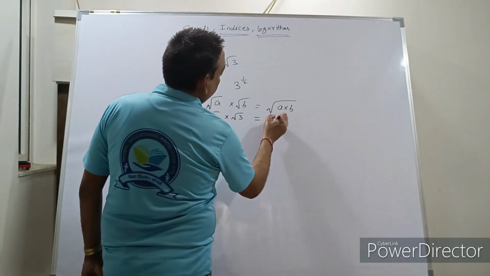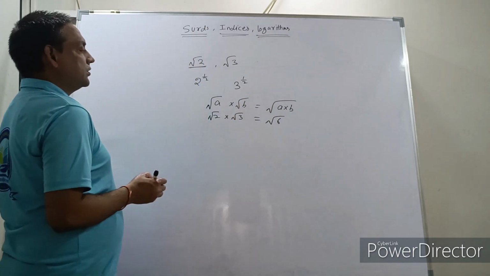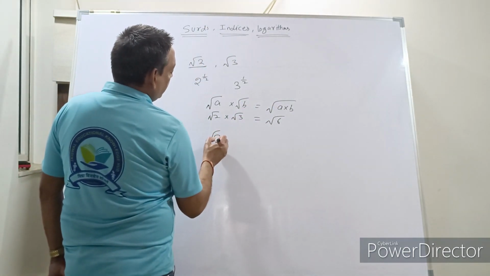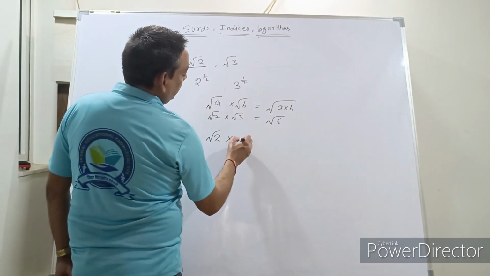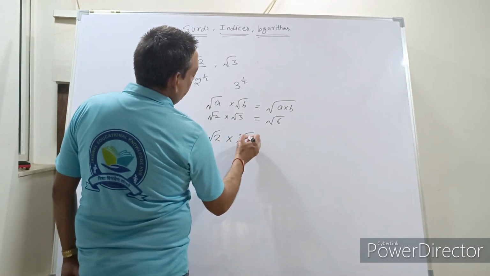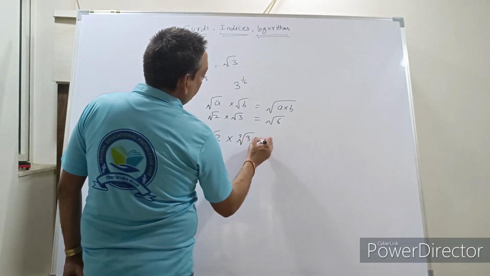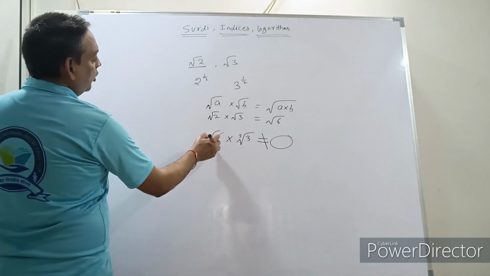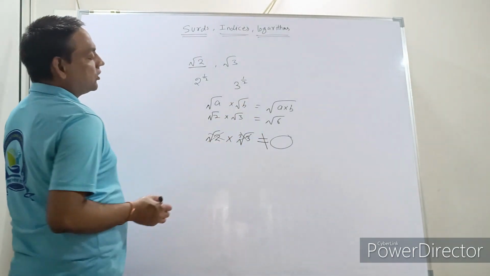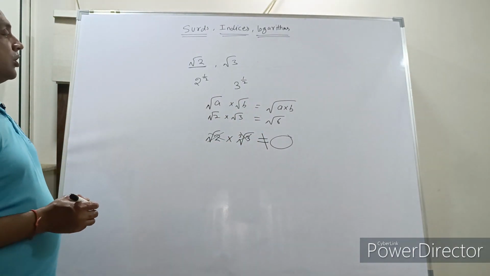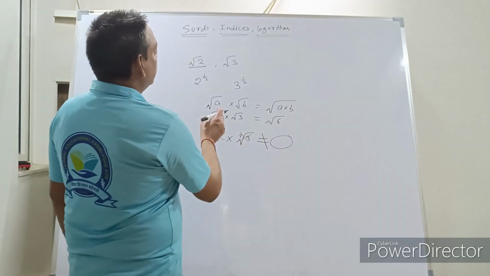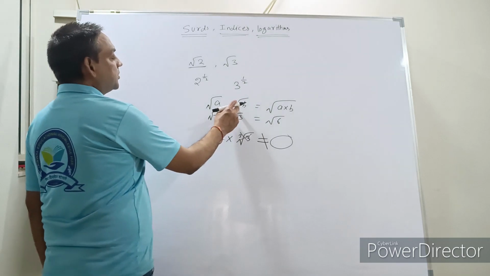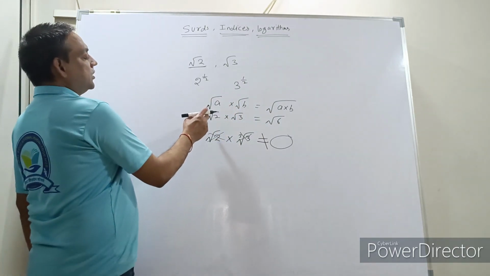That means root 2 multiplied by root 3 gives root 6. But suppose we have the square root of 2 multiplied by the cube root of 3. We cannot multiply here because they are not like terms. If this is a square root, the other also has to be a square root.